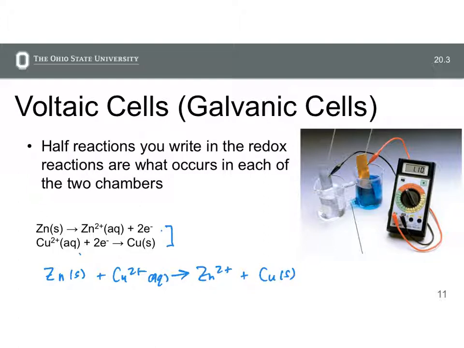These half reactions that we write, and those that we've written in our balancing chemical reactions, are what's taking place in these beakers. They are separated, at least for the most part, by the beaker, but they are connected electrically by wiring.